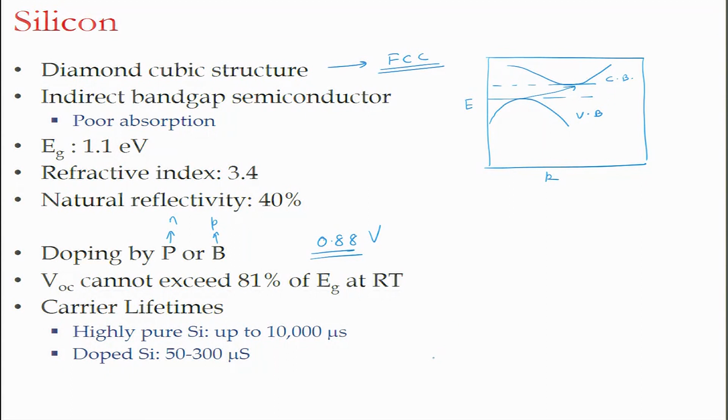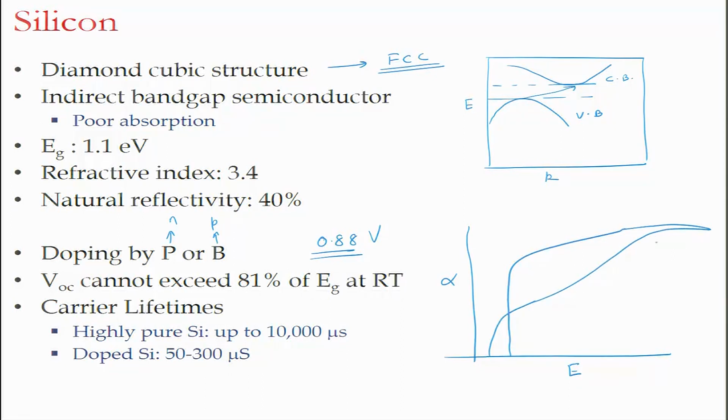As we saw last time, if you compare the absorption coefficient with respect to energy, gallium arsenide goes something like that, silicon goes with a much smaller band gap. So, this is silicon, this is gallium arsenide. Silicon has a lower absorption coefficient by virtue of it being an indirect band gap semiconductor.